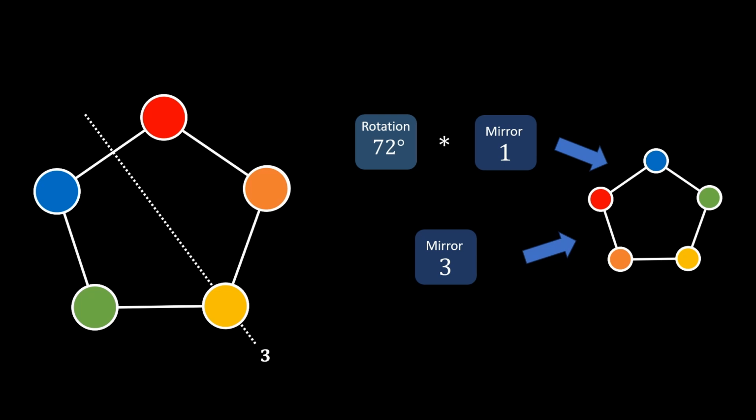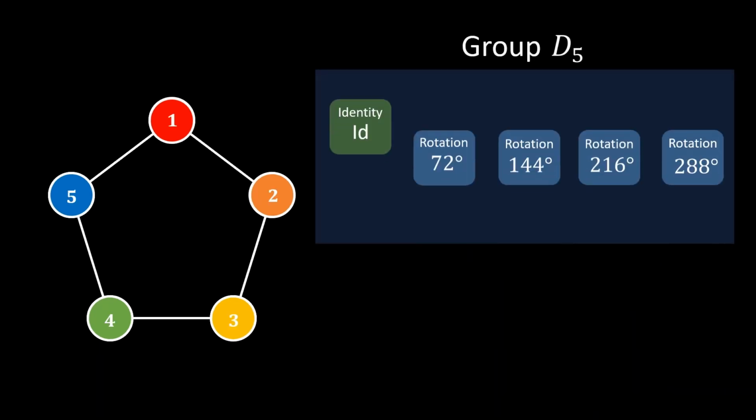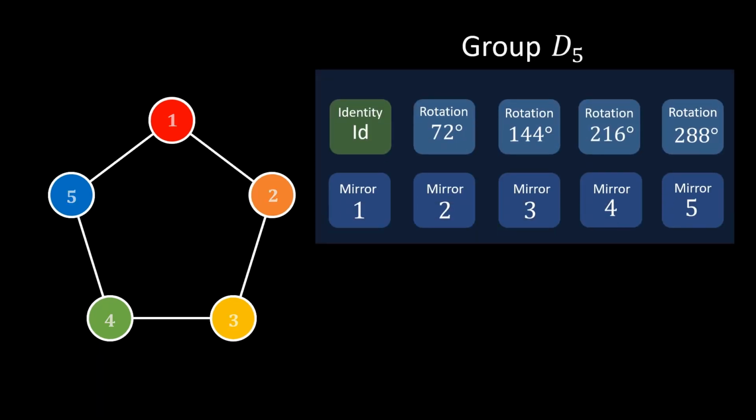This leads us to the definition of a group for the pentagon, noted as D5. The group of the pentagon is the set of symmetries of the pentagon which contain the identity, 4 rotations, and 5 mirror symmetries. A multiplication is defined on our set D5 as the symmetry achieved when performing 2 symmetries after one another.